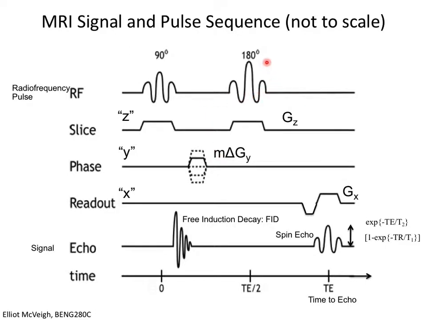We can then use a 180-degree pulse, a time TE divided by 2 after, to refocus the magnetization vectors at a time TE, such that they all come back into alignment. They all have the same phase angle at this time TE. That causes a signal in the transverse plane, and that signal is used to make the image.